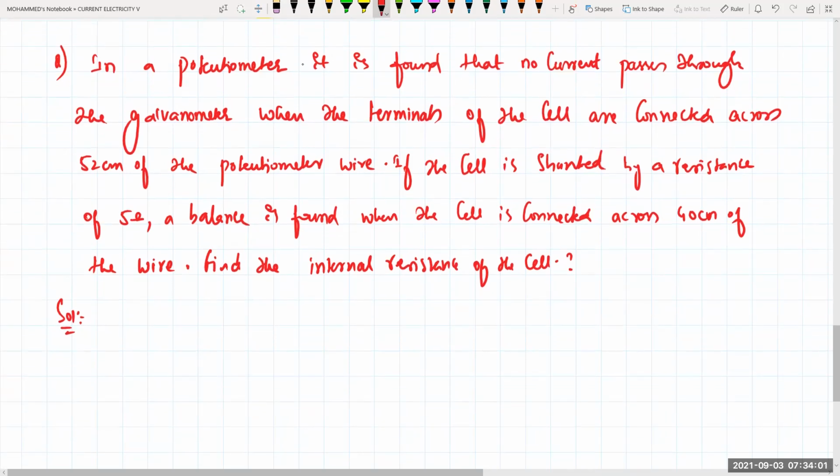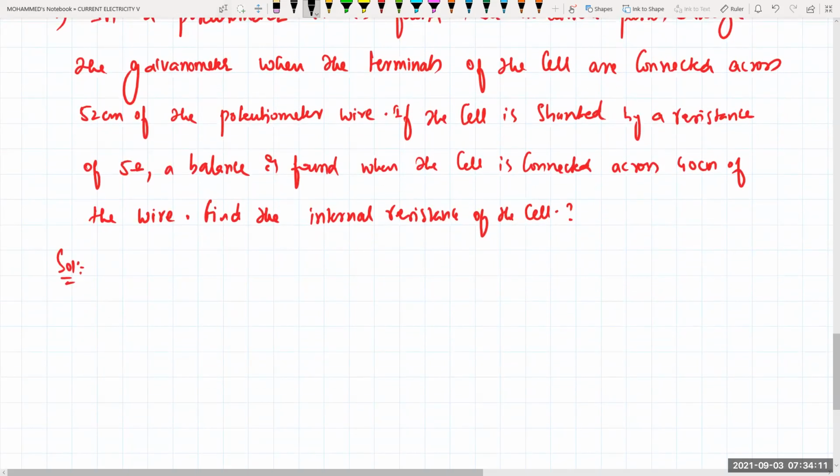Okay. In a potentiometer, it is found that no current is passing through the galvanometer when the terminals of the cell are connected across 52 centimeter of the wire. Let me draw the potentiometer. This is the lower part and this is the upper part of the potentiometer, positive and negative.